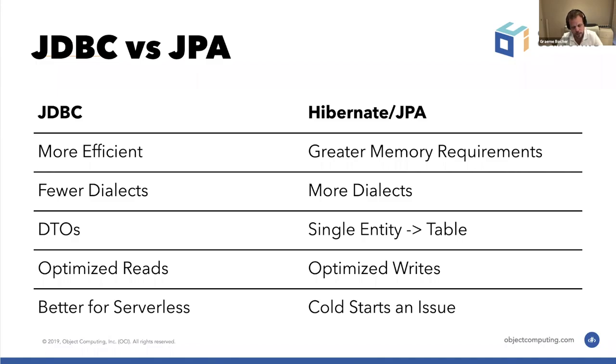On the other hand, JDBC is much more optimized around reads, because reading the data is so much faster, and we have benchmarks showing that it's significantly faster to use Micronaut Data JDBC.